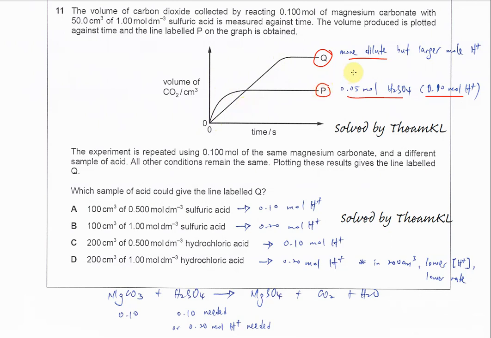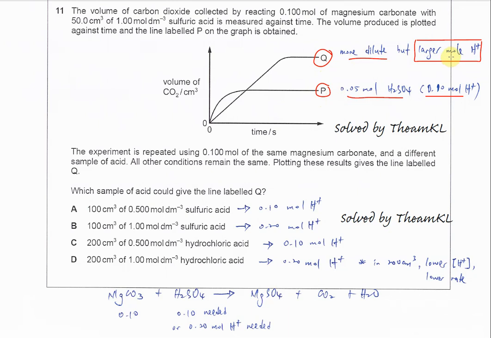Okay, then we know that the Q must be a more dilute solution, but it must be the one with a larger mole of H plus than P, because the amount of CO2 produced is higher. So the moles of H plus must be larger.